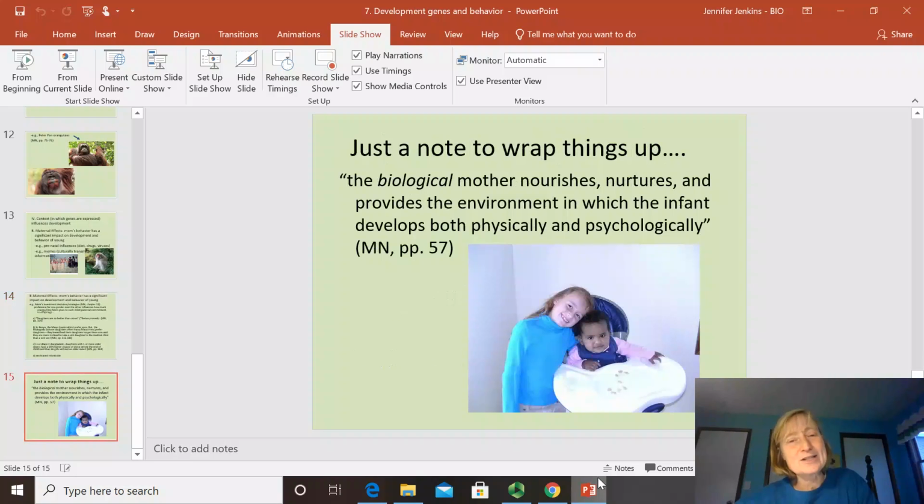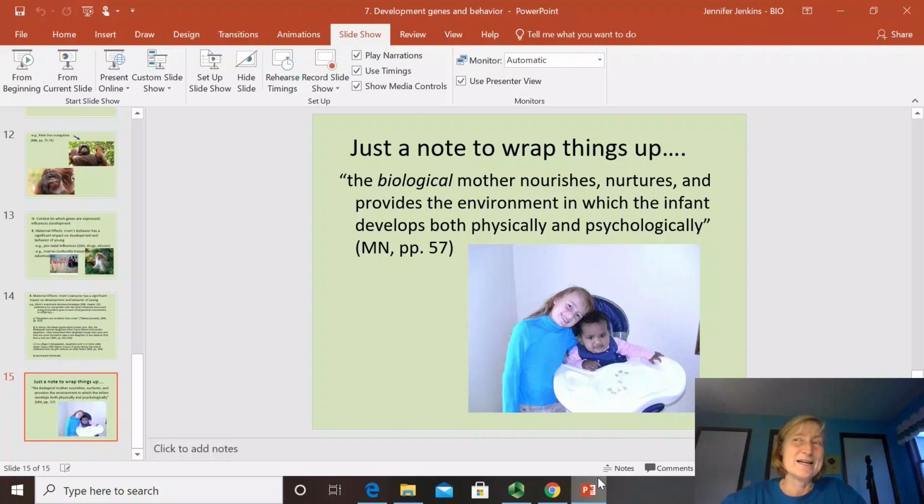Okay? I do like one comment. I have an adopted daughter, Faith. I do like one comment that Sarah Hardy made. She was comparing biological to genetic to adoptive, and she said, really, a biological mother nourishes, nurtures, and provides the environment in which the infant develops, both physically and psychologically.